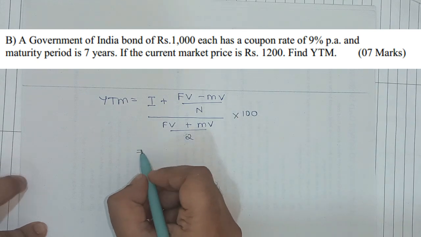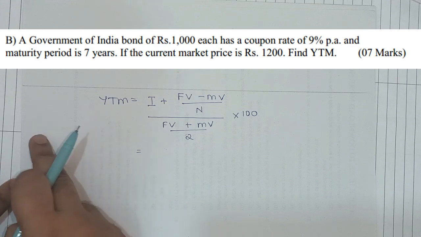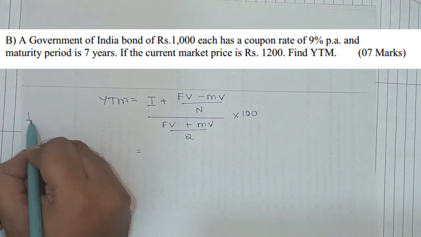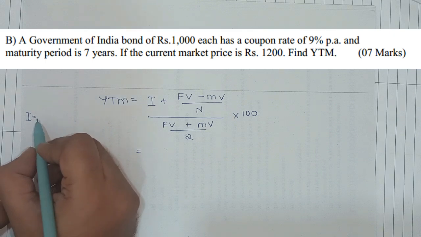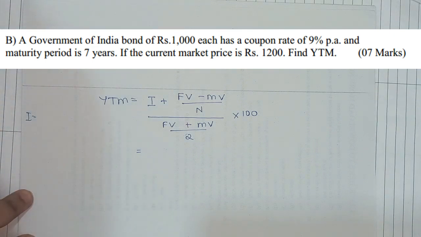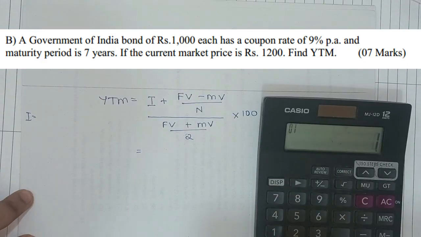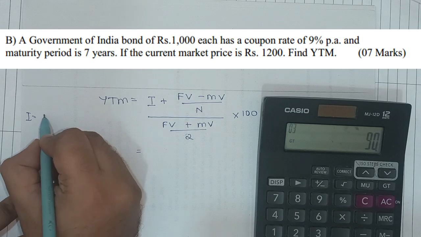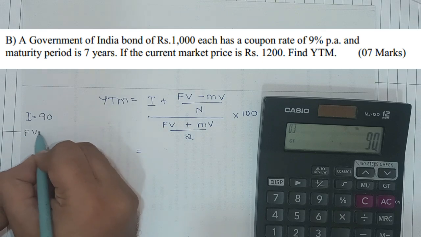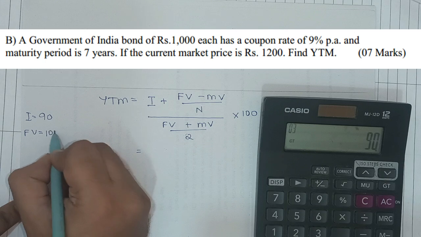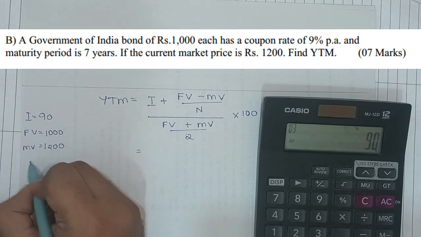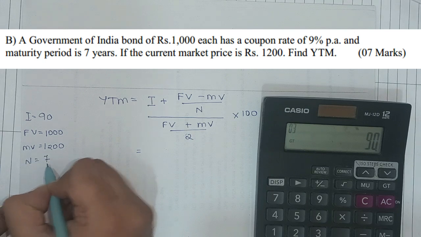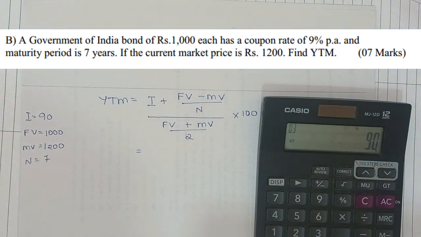Now I'll note down the data first. The interest given in the question is 9%, so 9% of 1000. On the calculator, 1000 into 9% is 90. The face value is 1000. The current market value is 1200. The number of years is 7. So I have the data with me, now we can apply it into the formula.